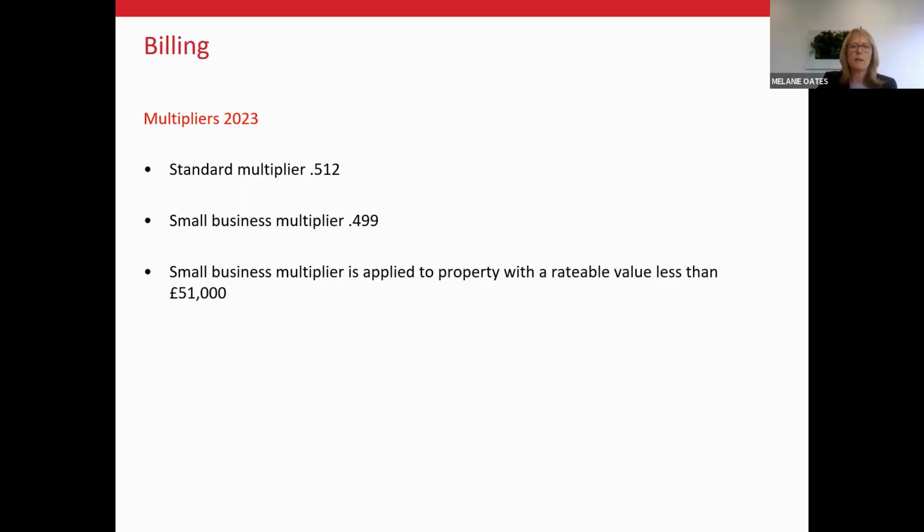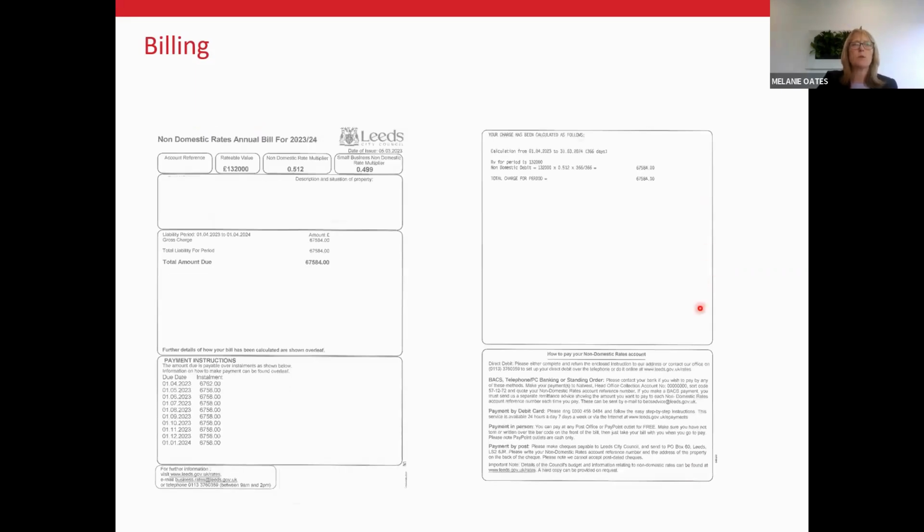I've just got an example here of a rates bill, which hopefully you can see. This is a larger property, but we see here we've got a rateable value of £132,000.